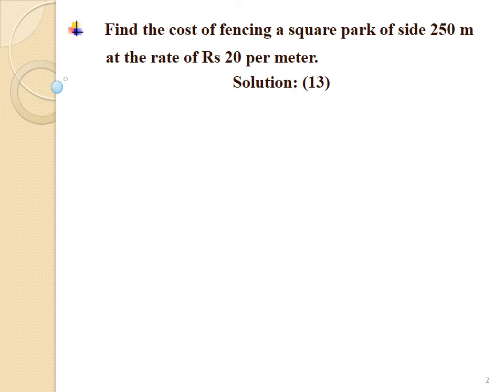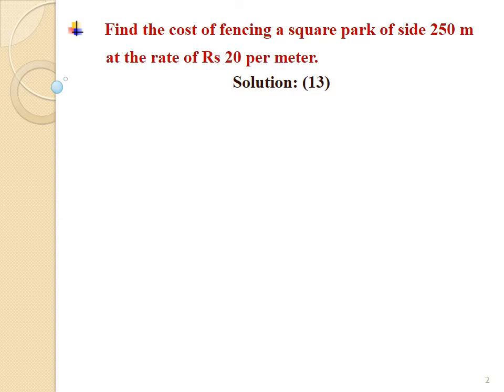Exercise 10.1, sum number 13. Find the cost of fencing a square park of side 250 meters at the rate of rupees 20 per meter.